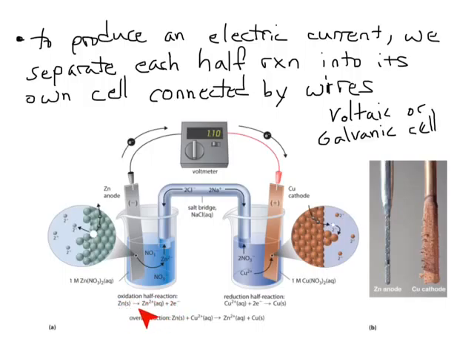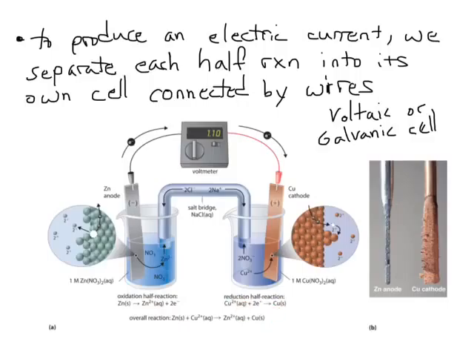Zinc solid turns into zinc 2 plus plus 2 electrons. Then over here, with our copper electrode, we have the copper reduction. So you have copper 2 plus plus 2 electrons goes to copper solid. That's our reduction. So you have oxidation here on the left, reduction on the right.